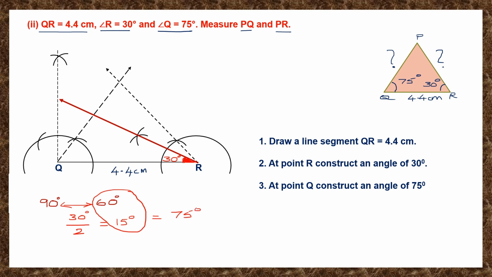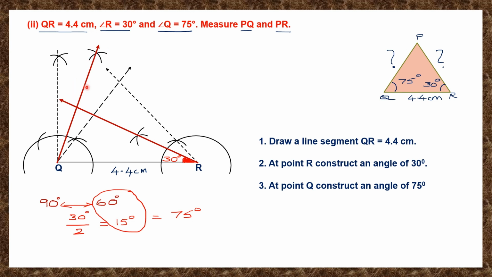So now what are we going to do? We are going to bisect the 30-degree angle here. So place your compass needle on the 90-degree line here, which has cut the arc, and the 60-degree line here, and draw two arcs. So we have one arc, one more arc. Now join that line. So here can you see from Q you've got a ray going straight up and going through that point there.